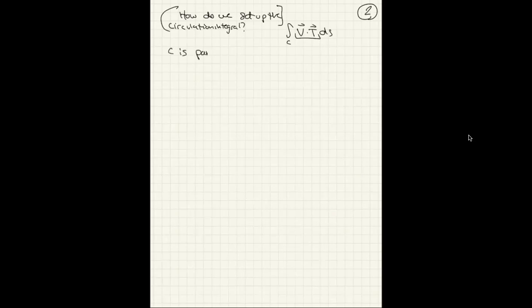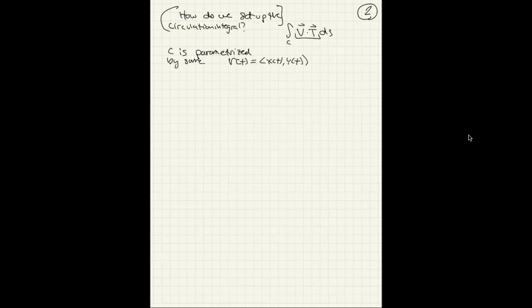Okay, so really, how do we set up the circulation integral? This is an integral over C of v dot t ds. So C is parametrized by some r of t equals x of t, y of t.